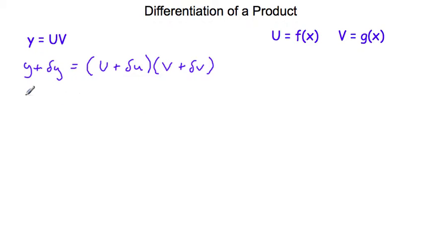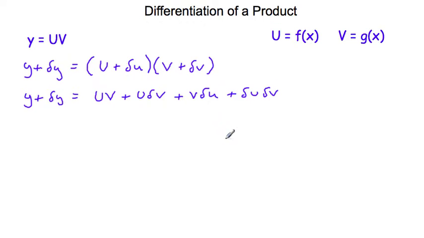And now I'm going to expand those brackets, so I get y plus delta y is equal to u multiplied by v is uv, u multiplied by delta v is plus u delta v, v multiplied by delta u is plus v delta u, and finally delta u multiplied by delta v is plus delta u delta v.